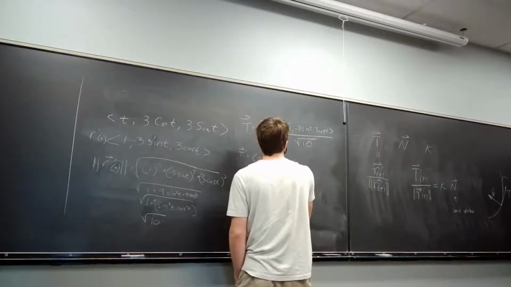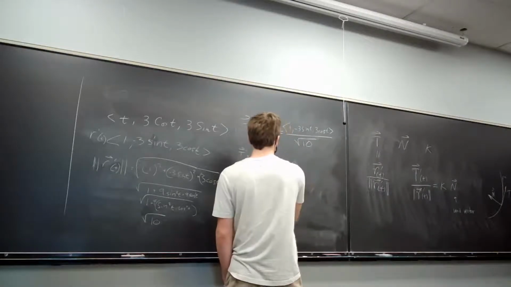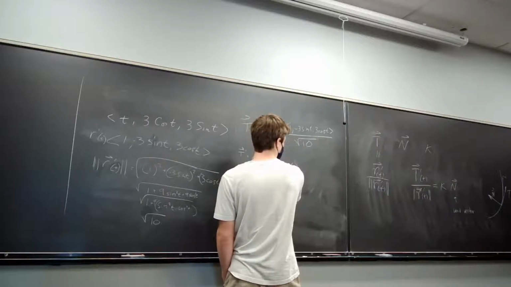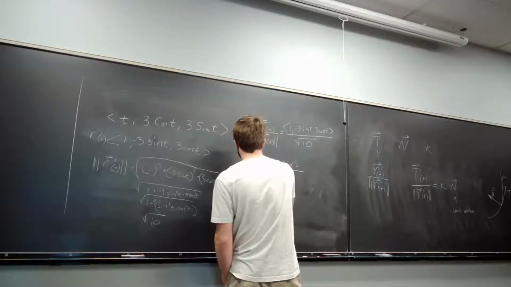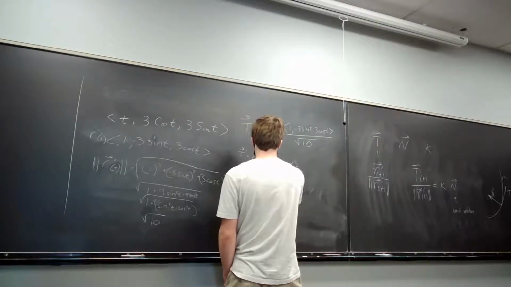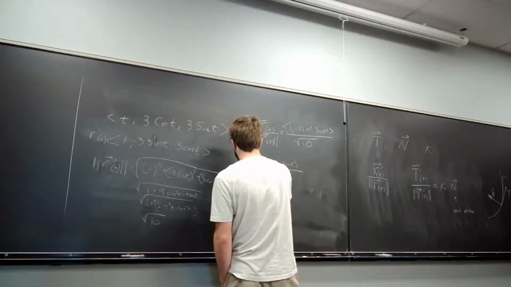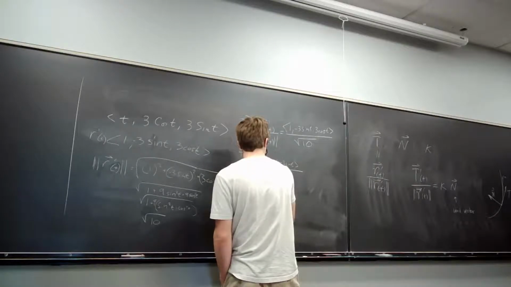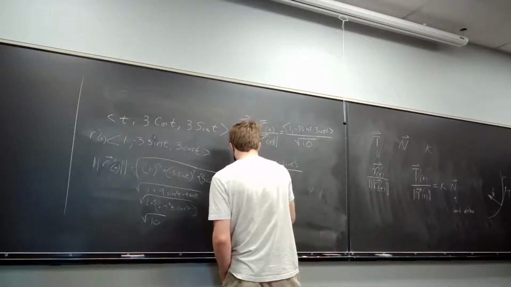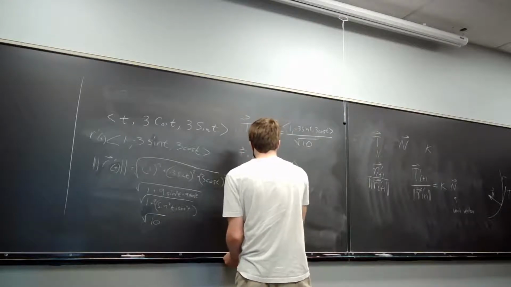You still have that because that's part of T. That's T prime, but we need to divide the entire thing by r prime again. So you write on a new line, T prime divided by r prime norm. Then plug in the numbers and vectors.